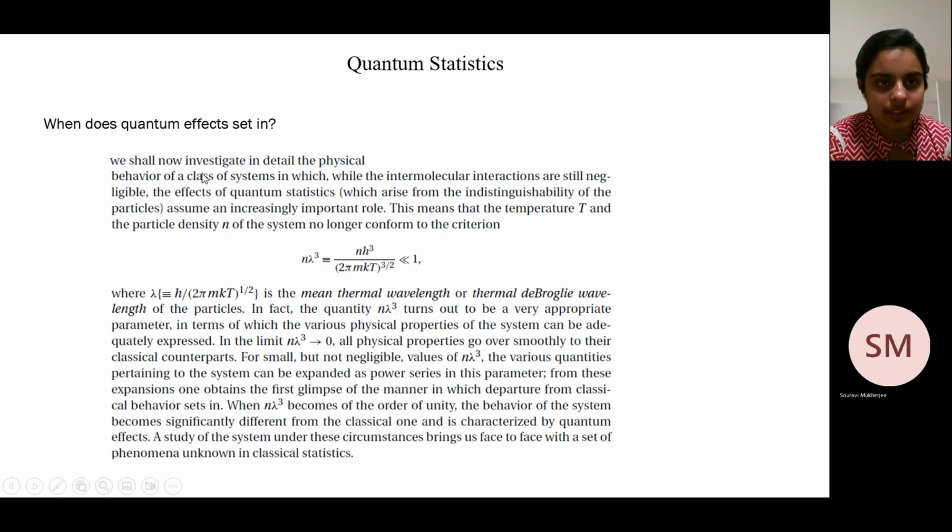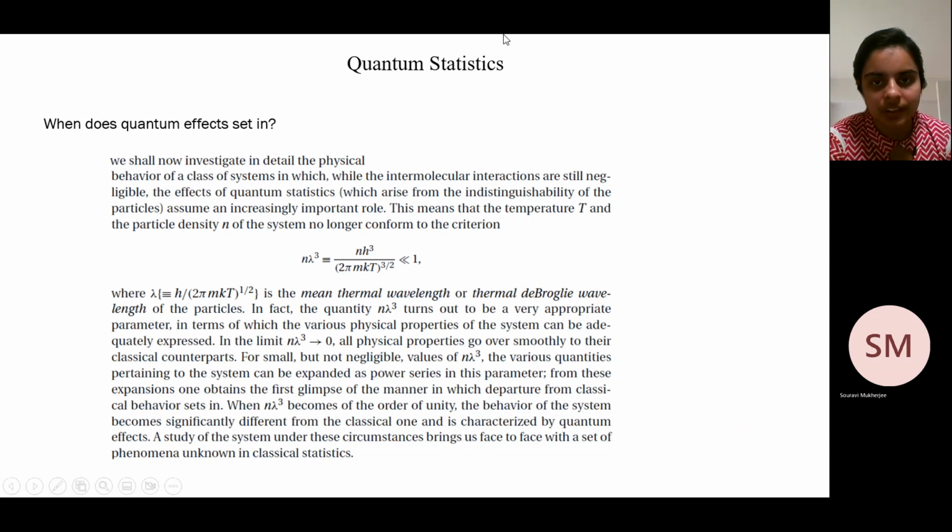We will investigate in detail the physical behavior of a class of systems in which the intermolecular interactions are negligible, because we are dealing with ideal gases, but the effects of quantum statistics assume a very important role. Under what condition does it play an important role, and where can we consider it close to the classical limit?